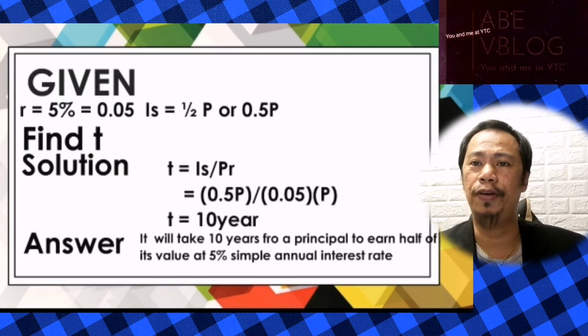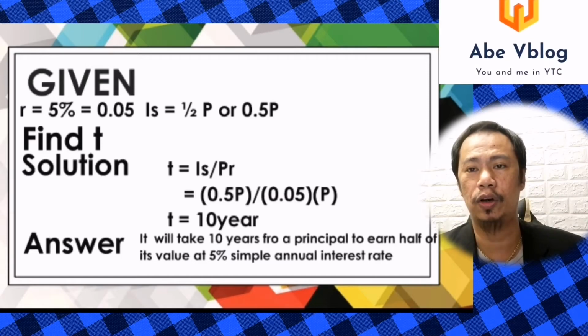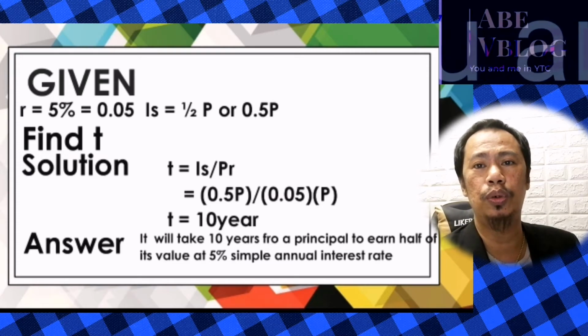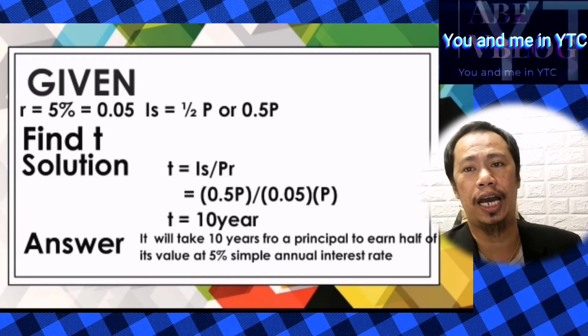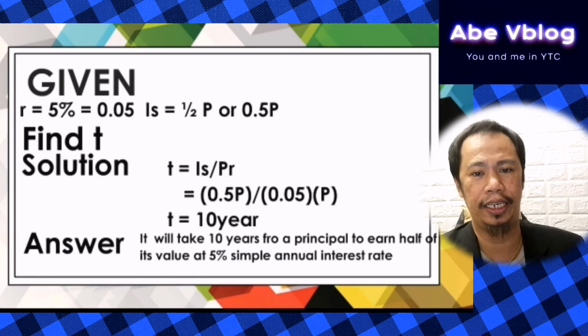So, the given are as follows. R, which is 5% or 0.05. The IS is equal to 1/2 P. Or, we can say that it is 0.5 P for the IS.